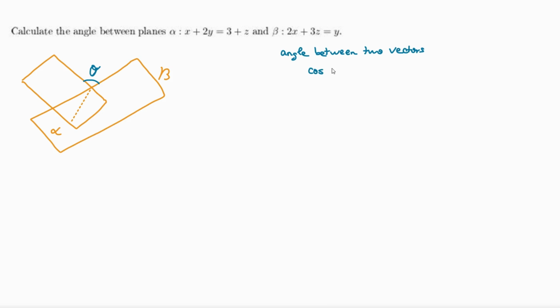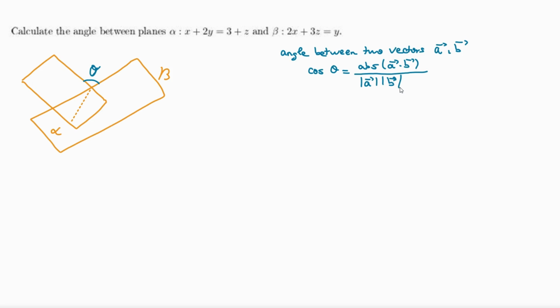Cosine of the angle equals, let's say that the vectors are A and B, the absolute value of the dot product if we want to find the smaller angle between two arrows, although that's a different discussion that we can address at the end of the problem, divided by the length of each vector.